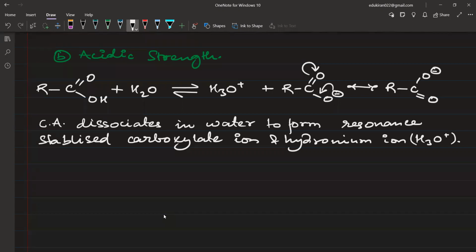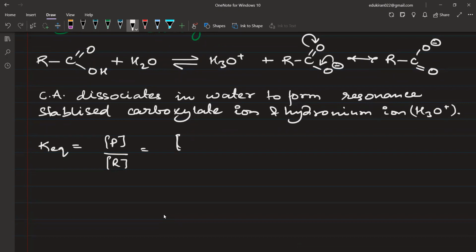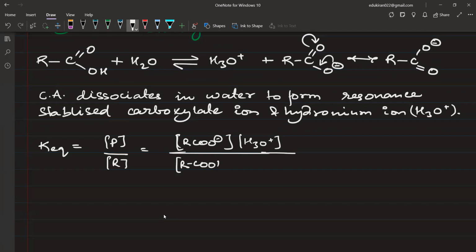Now, how to define the acidic strength in numbers? For this, we use chemical equilibrium. Now, what is K equilibrium? K equilibrium is the ratio of the concentration of products to the concentration of reactants. In our case, the products are RCOO negative and H3O positive. The reactants are the carboxylic acid RCOOH and H2O.